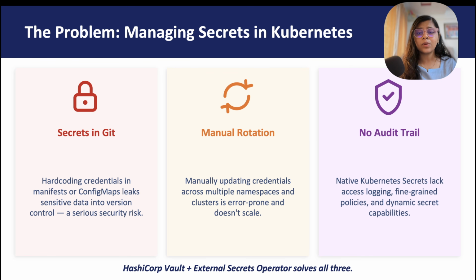Now the last one is no audit trail. That is, if your secrets are getting accessed by someone, there are no logs. There is no record of who is updating the secret or who is accessing the secret. So if there is any issue, you won't be able to debug it.